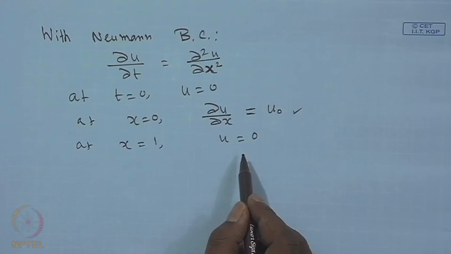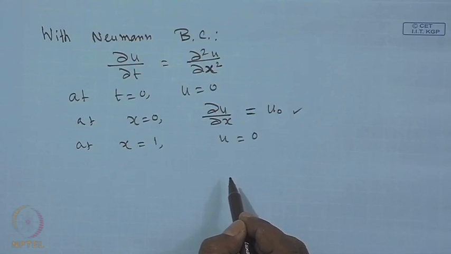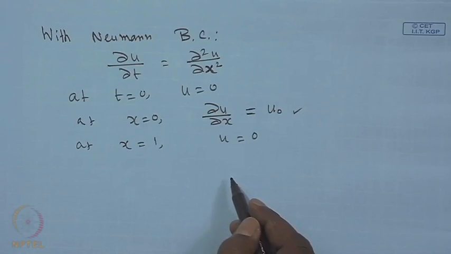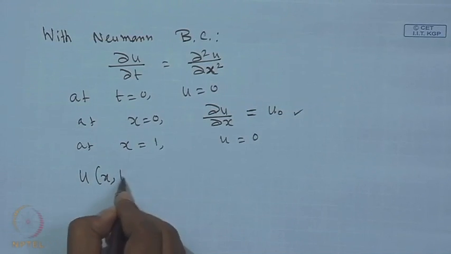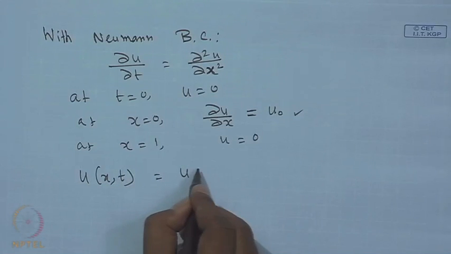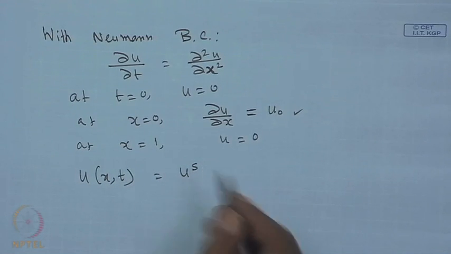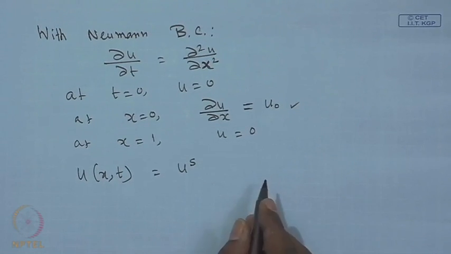So, this problem again should be divided into two sub problems. One is taking the time dependent part, another is the time independent part. If you do that, u x t is composed of u s, we put the subscript s and t as a superscript.